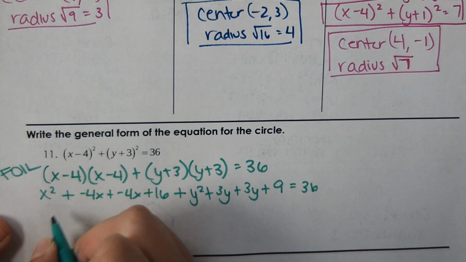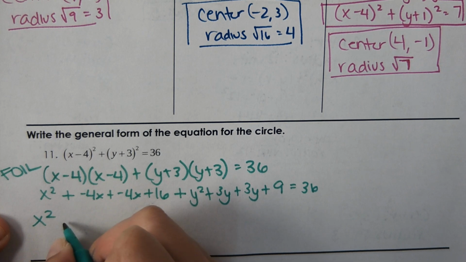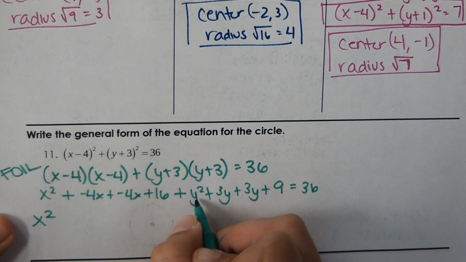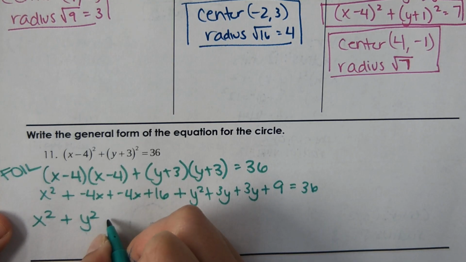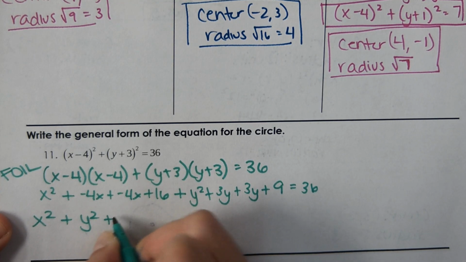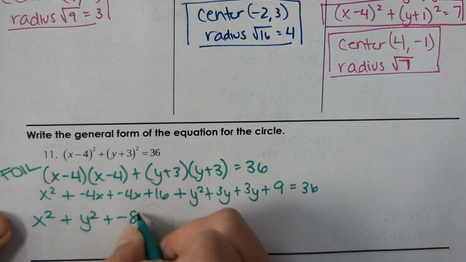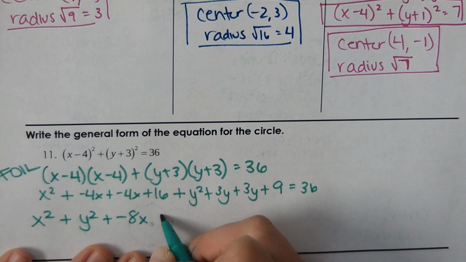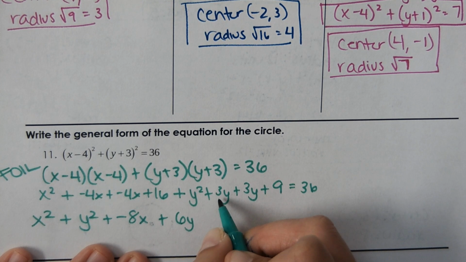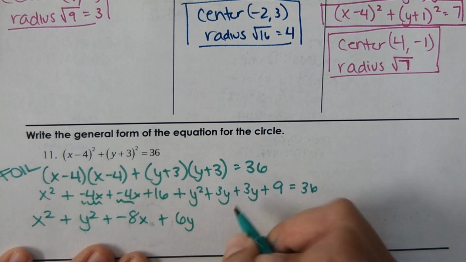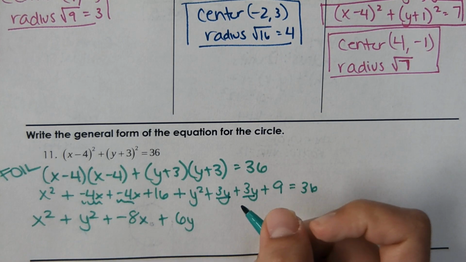Okay, so we will have x squared plus y squared, I'm kind of rearranging as I simplify, plus -8x plus 6y, like 3y plus 3y. So I'm combining this and this, combining this and this.